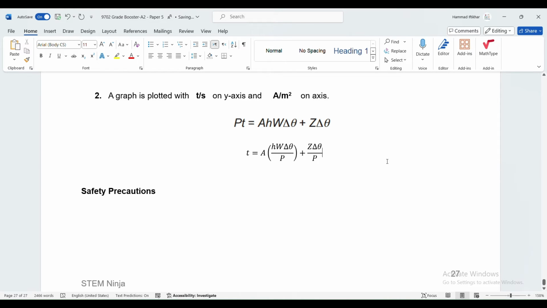Okay, now we have to decide how we're actually going to find out the W and the Z, right? The W is going to come from the gradient and Z will come from the y-intercept.